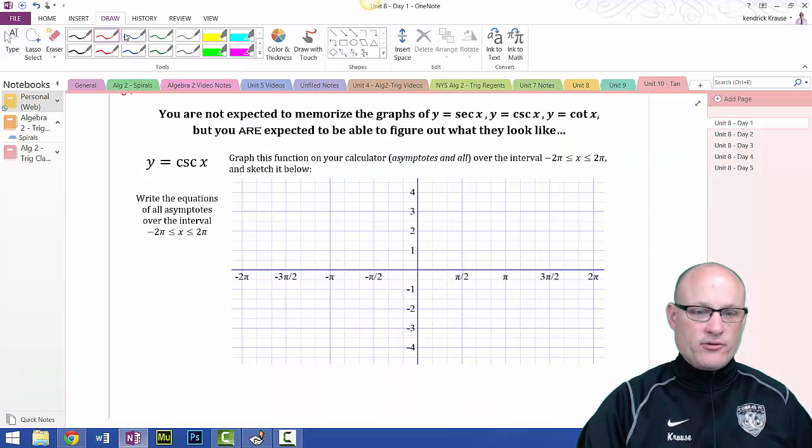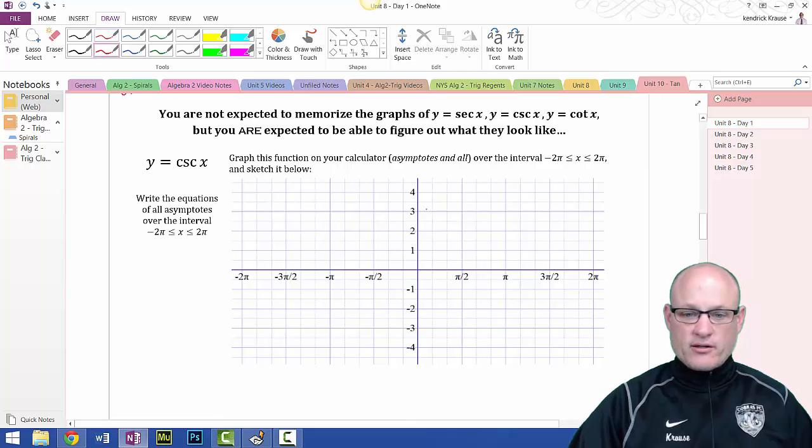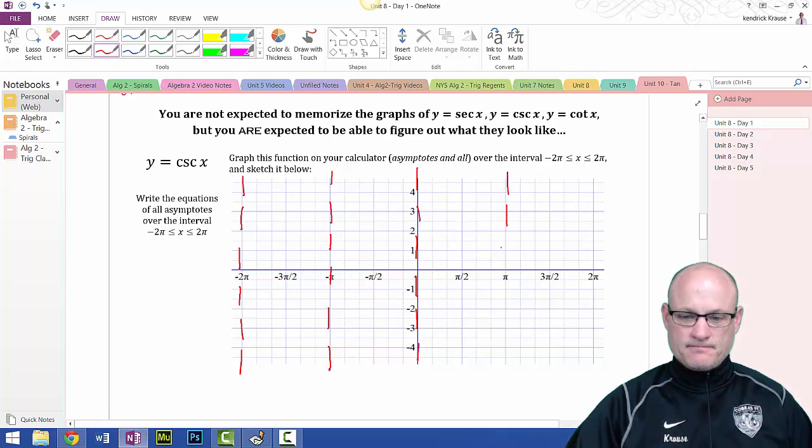And I'll try to use a large red. So our asymptotes are at the y-axis, negative pi, and negative 2 pi, pi, and positive 2 pi.